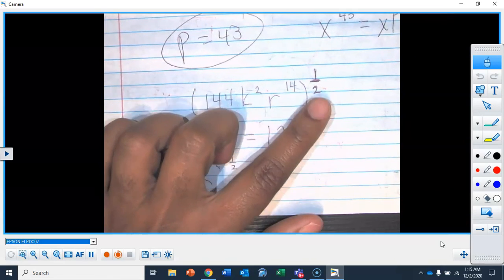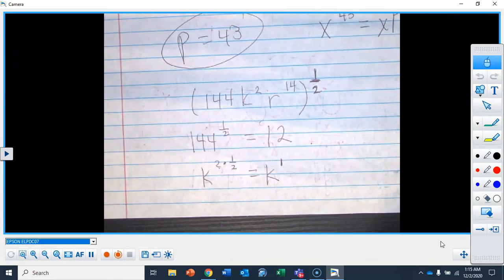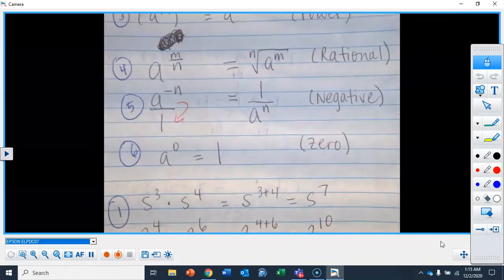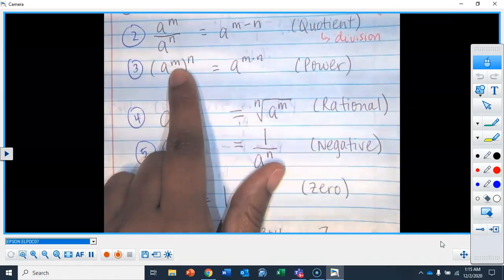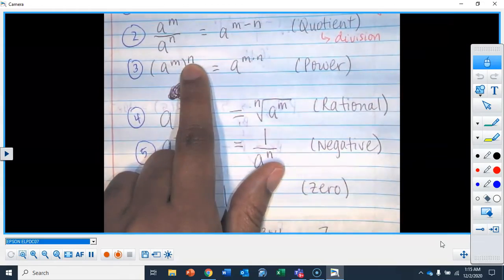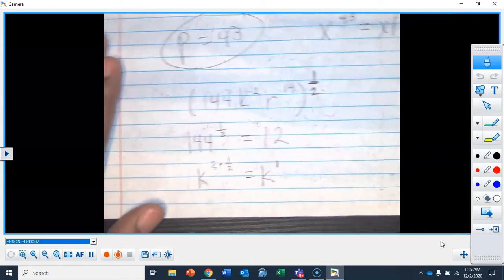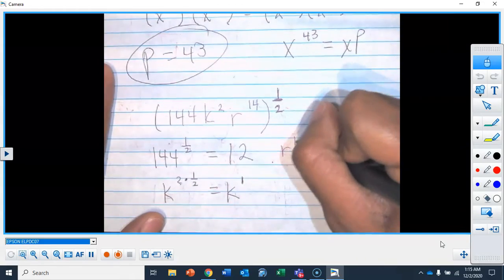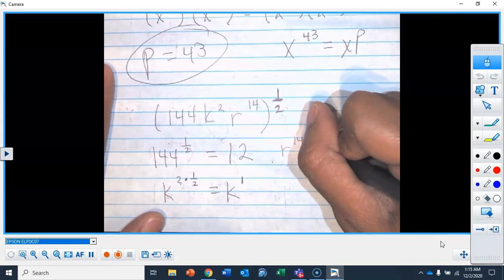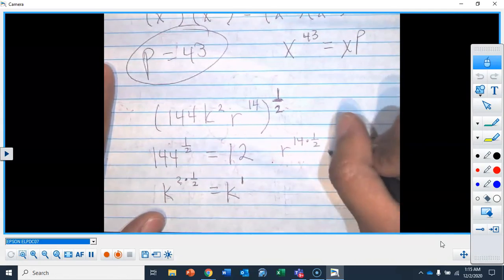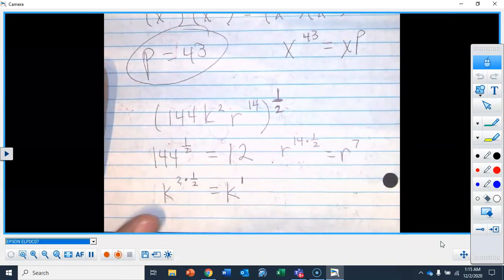Being raised out here. So don't think that it's the rational one. It's actually more this guy: if you have an exponent raised to another exponent, multiply. So now if I have r to the 14th, and it's being raised to the 1/2, we're just multiplying this by half, and I know half of 14 is 7.